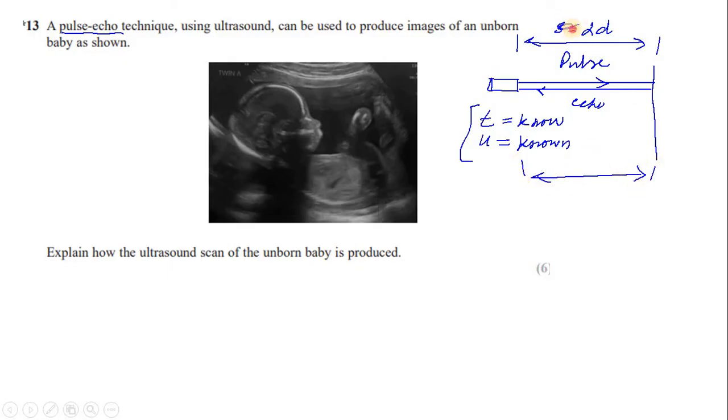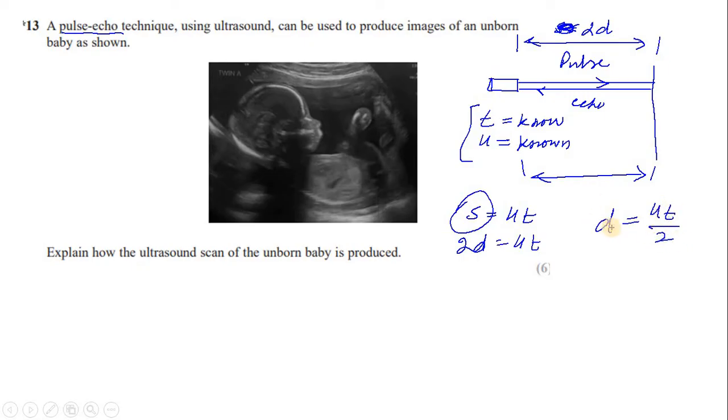So the total distance is d plus d, or 2d. Now you can use the equation s = ut, but in this case 2d = ut, and then d can be found: d = ut/2.